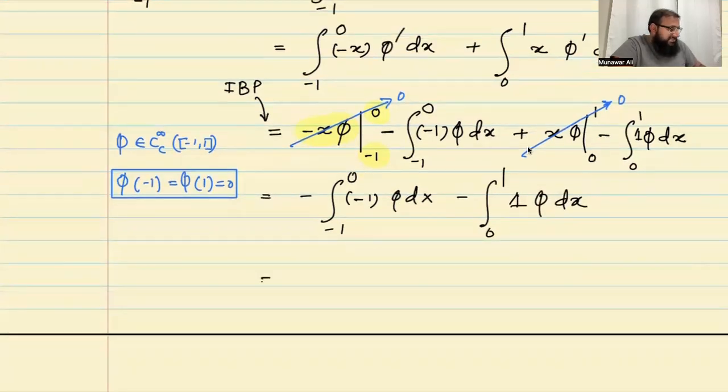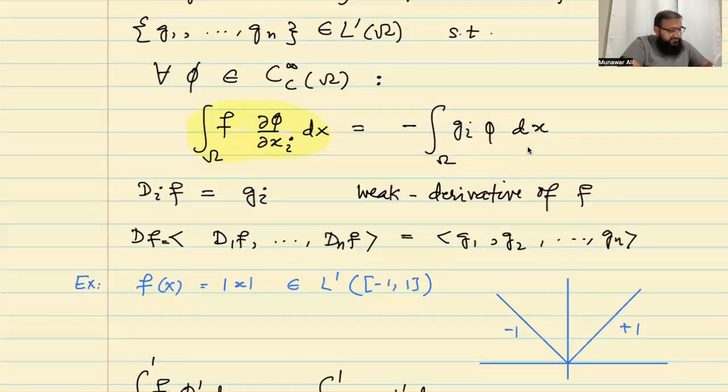So I can write this in a clear way as the integral from -1 to 1 of g times phi dx. So this is my right hand side, g times phi dx with a negative sign in front. g_i is the ith component, but I have only one x, so it would be only one g.